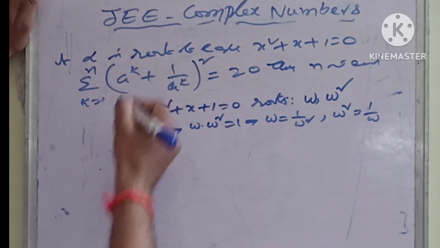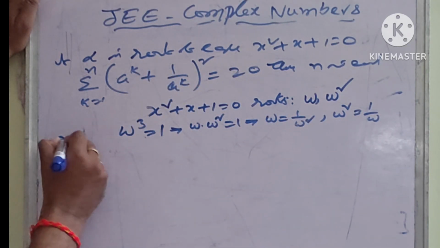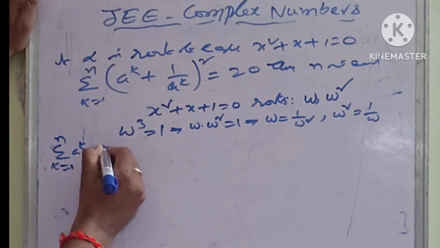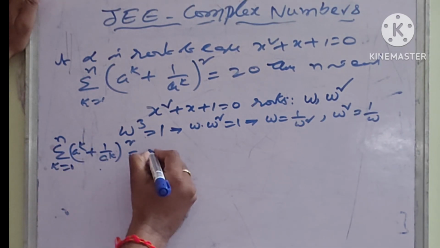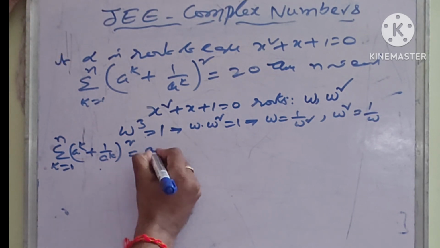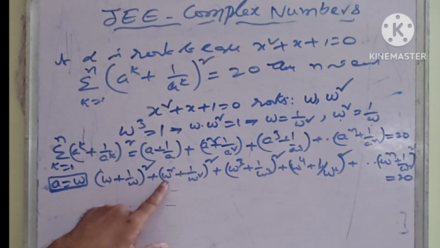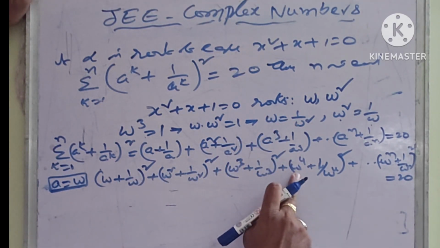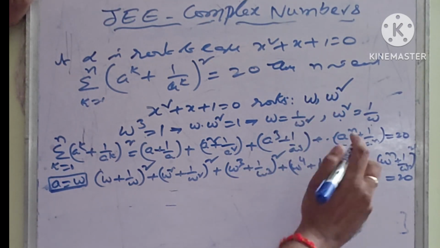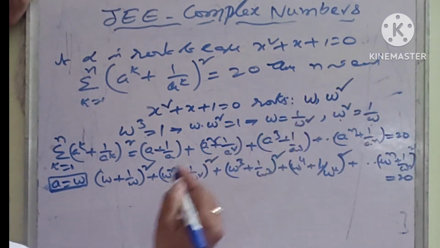Now the summation of k is equal to 1 to n of a power k plus 1 by a power k whole square means a plus 1 by a, omega plus 1 by omega whole square plus omega square plus 1 by omega square whole square plus omega cube plus 1 by omega cube whole square plus omega power 4 plus 1 by omega power 4 whole square, and so on up to omega power n plus 1 by omega power n whole square.